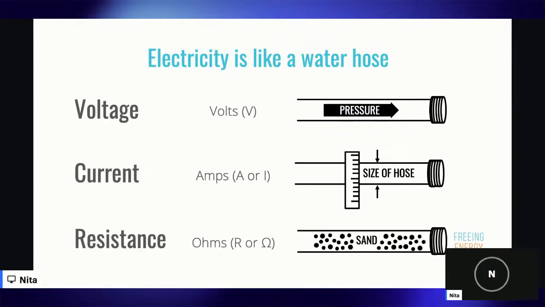Think about when you rub, the friction generates heat energy. And that's what we want in that case. So all of those factors play into having resistance and how we use resistance in order to generate heat. Okay, so these three factors are like the foundation of the electrical system.